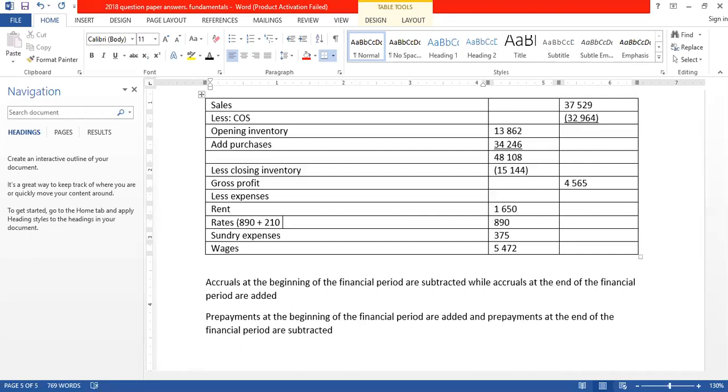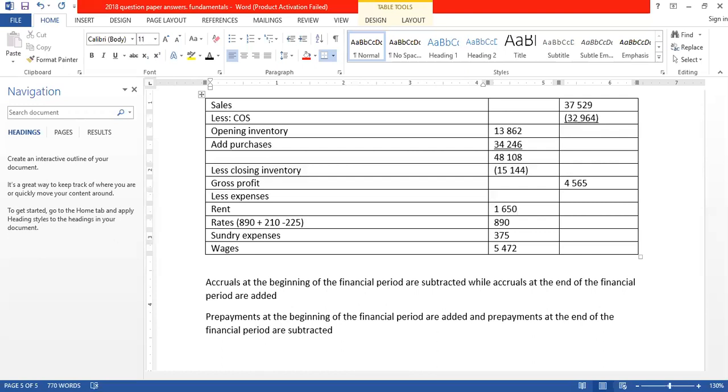And then you subtract 225. Make sure you always show your calculations. So 890 plus prepayment at the beginning of the year minus prepayment at the end of the year. Why do we minus prepayment at the end of the year? Because it does not belong to this current period, meaning that we are in December and then you paid for January.